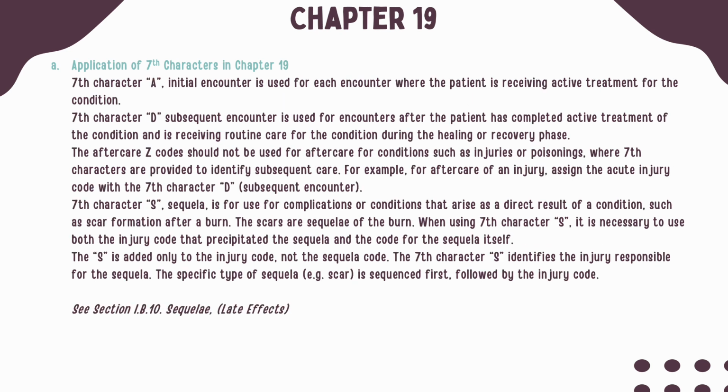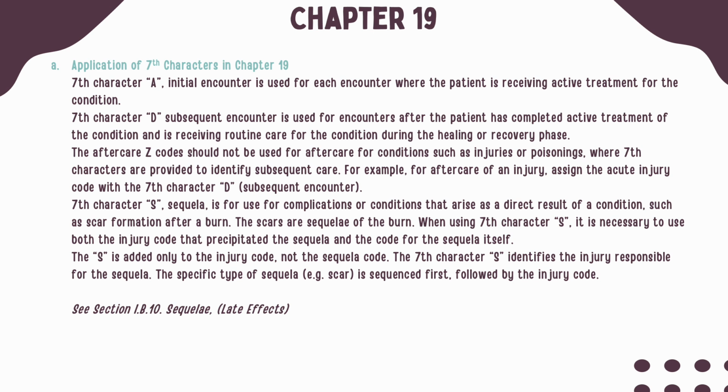As mentioned on the previous slide, the application of 7th characters will depend on whether the patient is undergoing active treatment for the injury. 7th character A should be assigned when the patient is receiving active treatment. This can happen over multiple visits, and it should not be assigned only to the first encounter.